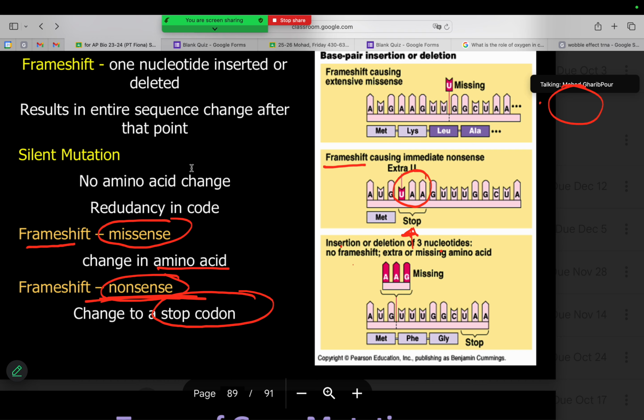So as you may imagine, if you insert or delete one full codon, then you're not actually changing the amino acid sequence, because there's no frame shift in that scenario.